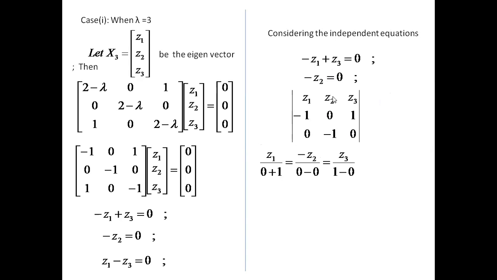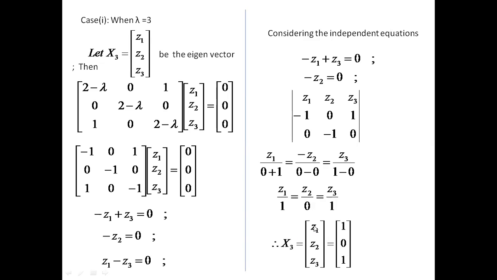Minus z2 is proportional to 0 and this is 0, and z3 is proportional to plus 1 minus 0. So z1 is proportional to 1, z2 is proportional to 0, z3 is proportional to 1. So I take one eigenvector x3 corresponding to this as 1, 0, 1. Again, it need not be just this one; it will be any multiple of this column vector.